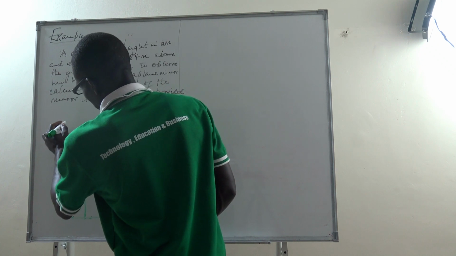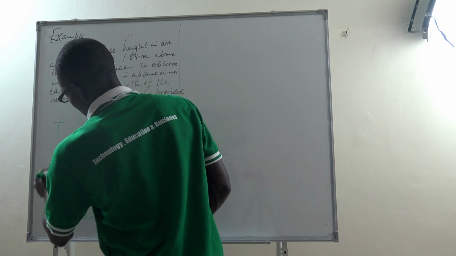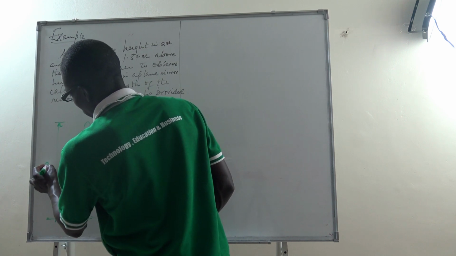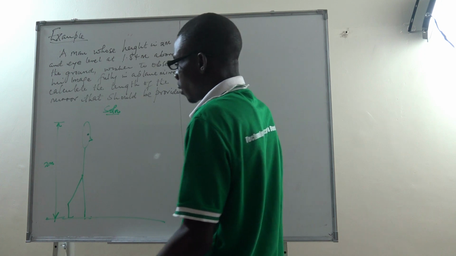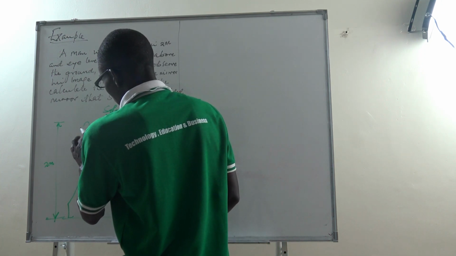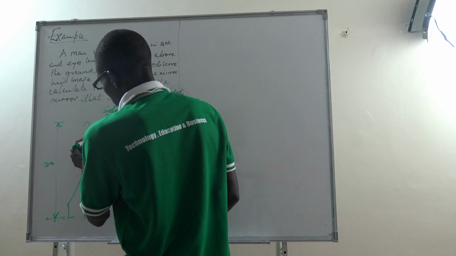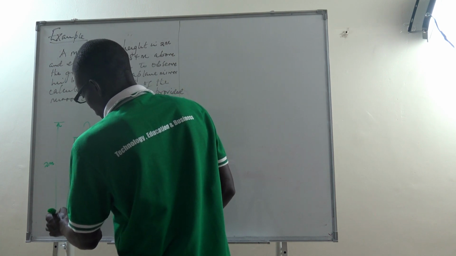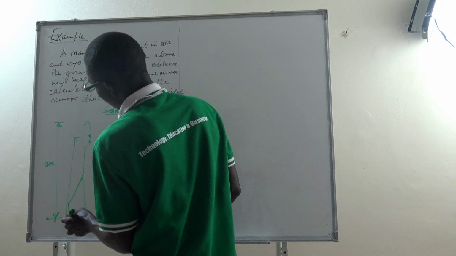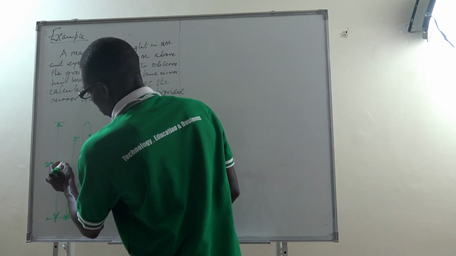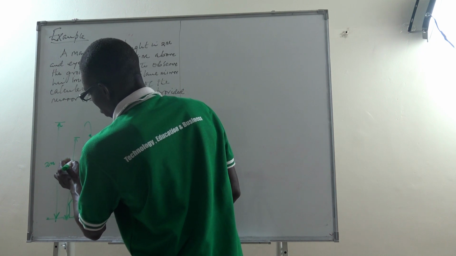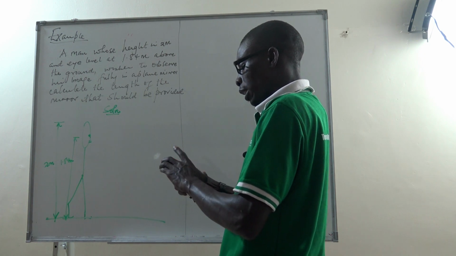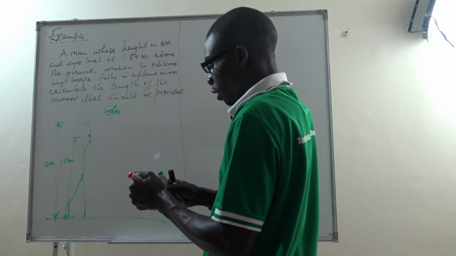And now this is a guy they're telling us is 2 meters tall, but the level of his eye measured from the ground is 1.84 meters.